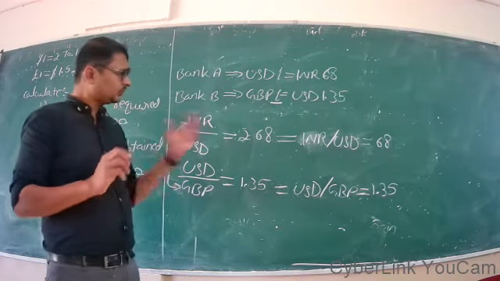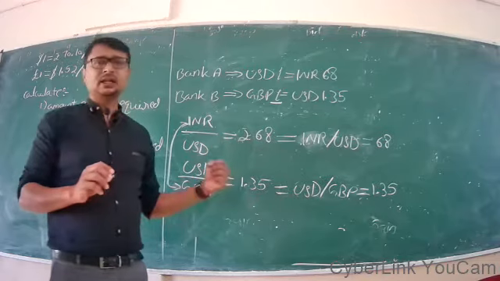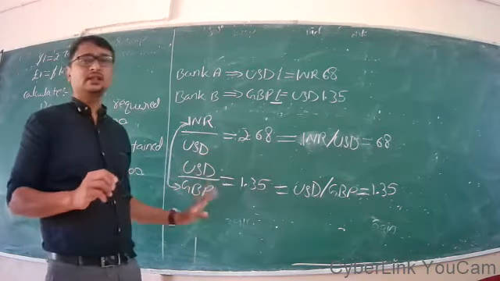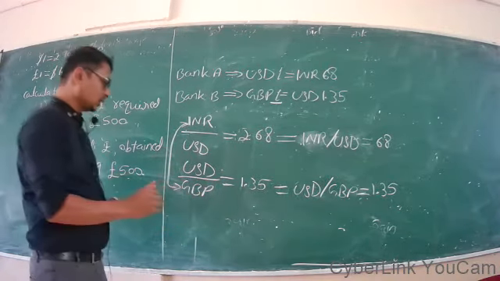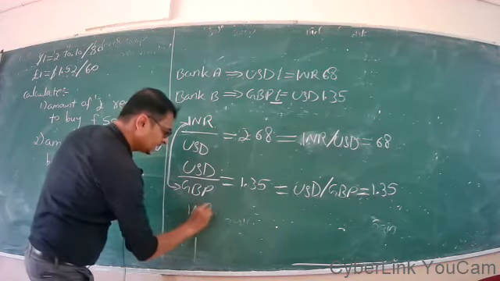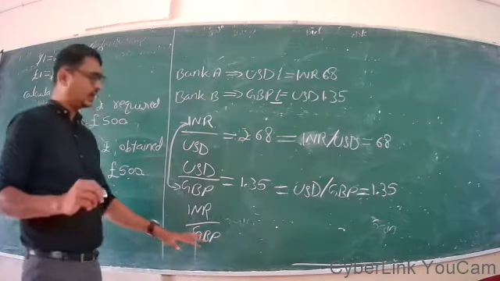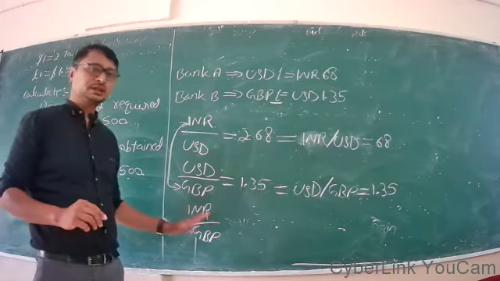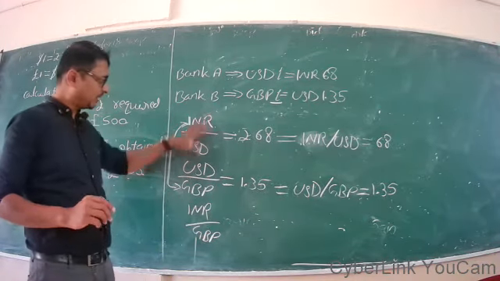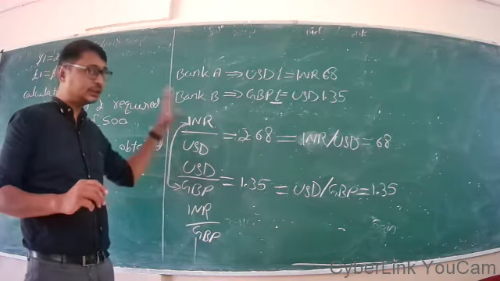So what is the rupee required to buy 1 GBP? That means what is the rupee required per GBP, INR per GBP, right? So again I am redrafting this quotation.